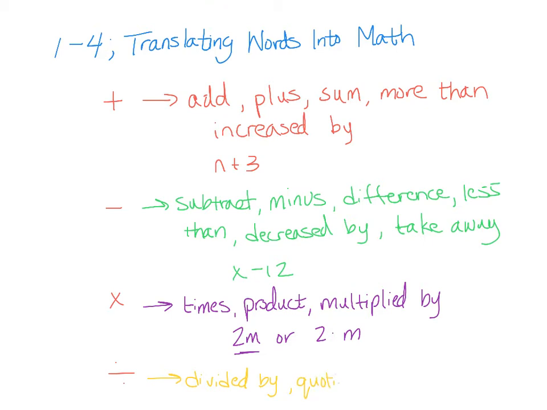Our example here is a divided by 6 or a over 6. That also means a divided by 6. So again, we would say a divided by 6 or the quotient of a and 6.